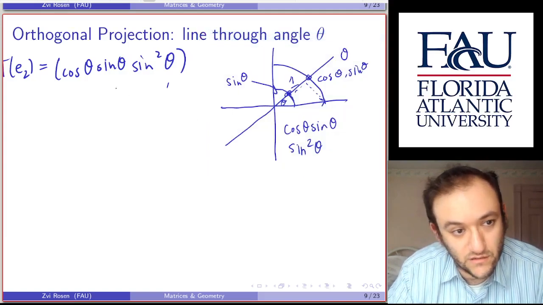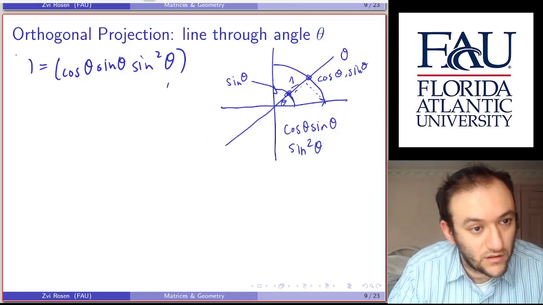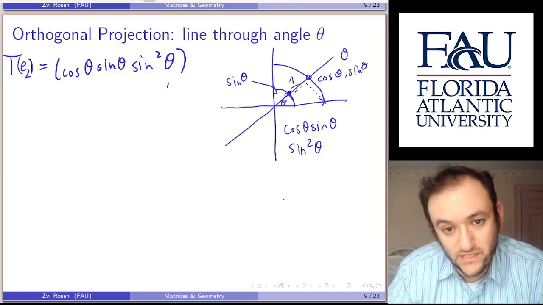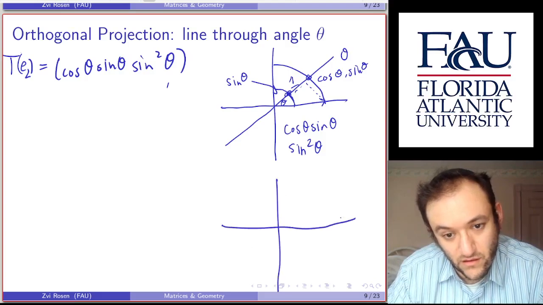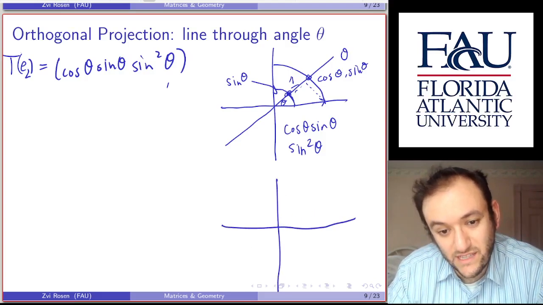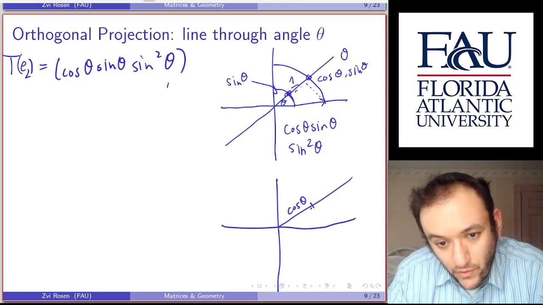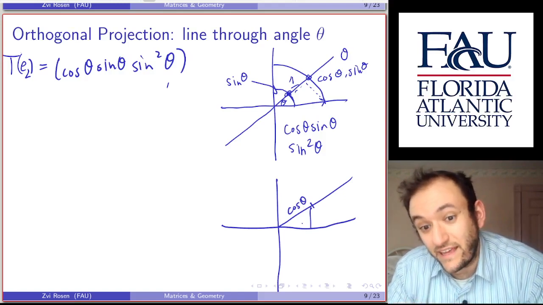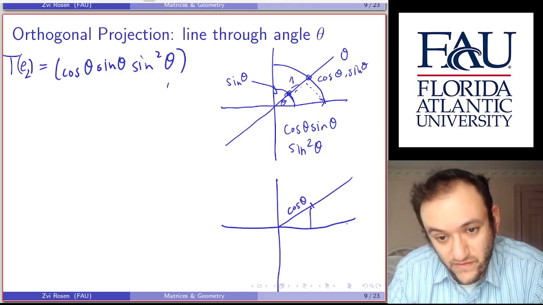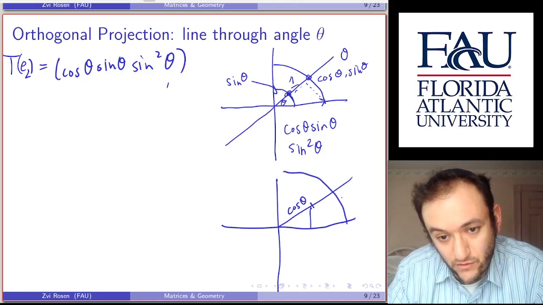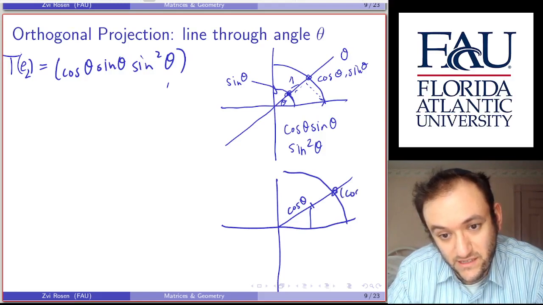Okay, so let's do this similarly for T of E1. So we have a length of cosine theta along this line. So this is cosine theta. And now I want to compute the coordinates. Well, it's going to be a scaling of the same vector. So this is our circle of radius 1, and this is cosine theta, sine theta.